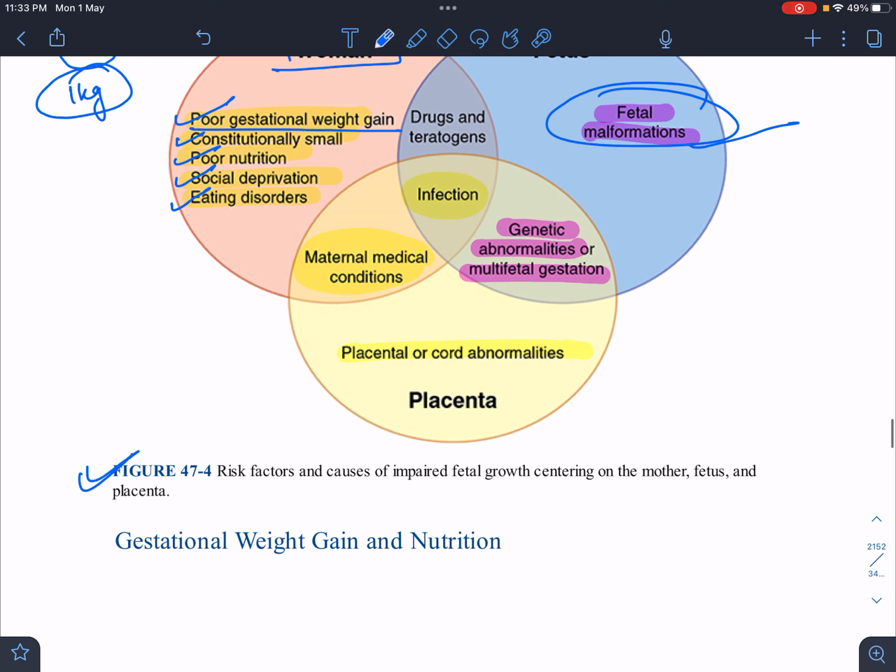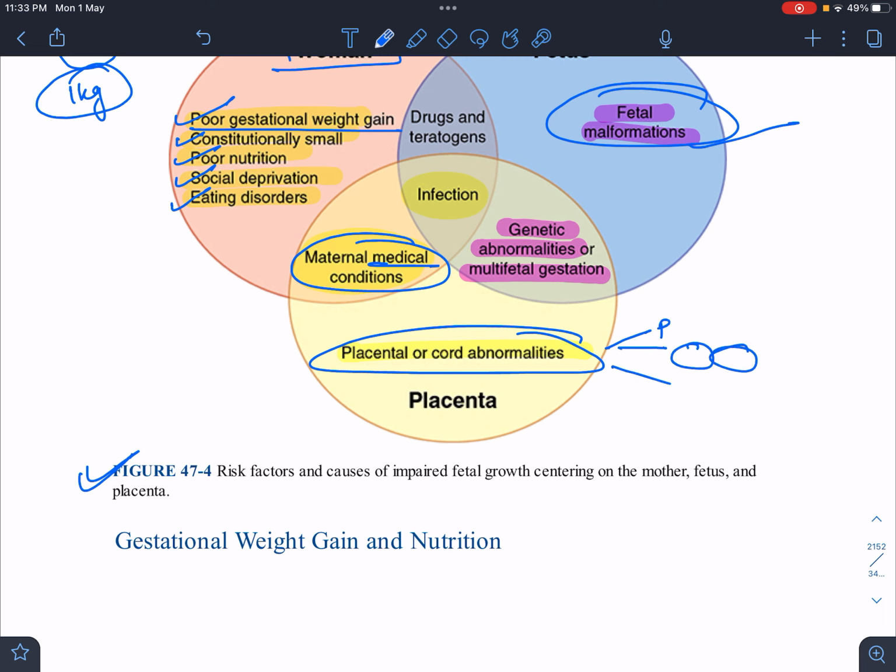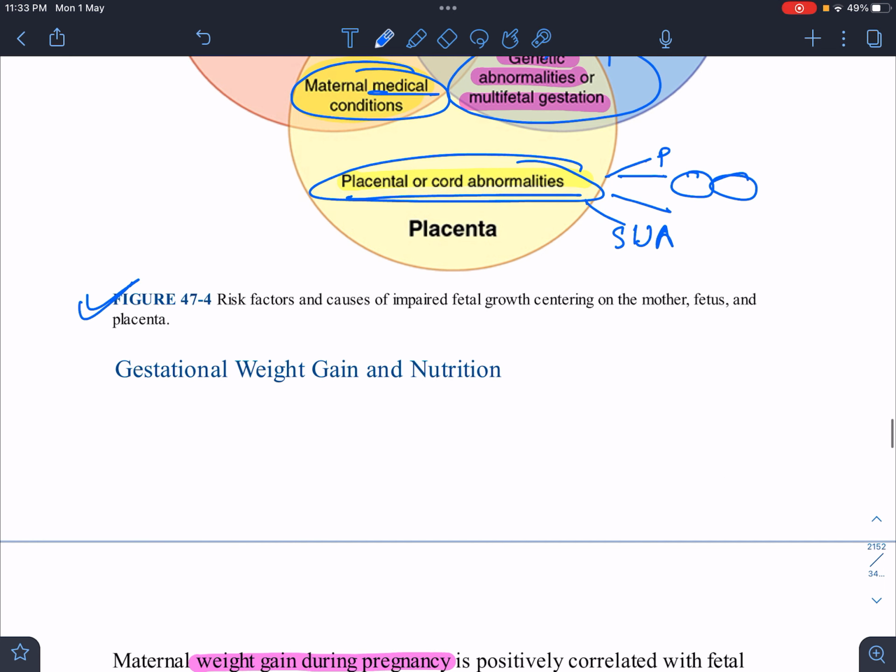Then there are maternal medical conditions, so PIH, diabetes, anemia, not anemia per se, but if there is severe anemia. Placental or cord abnormalities, PIH, placenta bilobata, certain things, other cord abnormalities like single umbilical artery, okay, genetic abnormalities or multifetal gestation can also cause FGR.